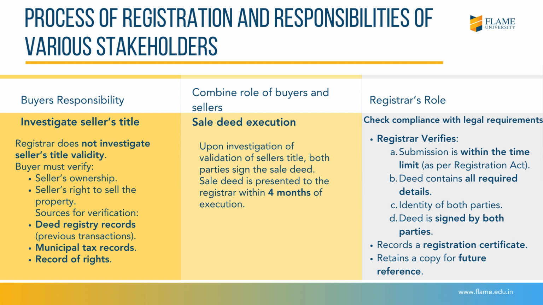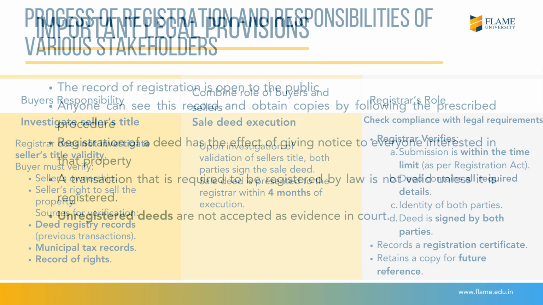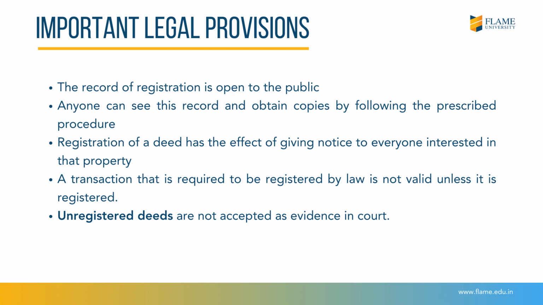As mentioned earlier, the objectives of the property registration are to provide secured ownership, facilitate future transactions, and reduce property disputes. I will now talk about legal provisions to achieve these objectives. The record of registration is open to the public. Anyone can see this record and obtain copies of record following a prescribed procedure.